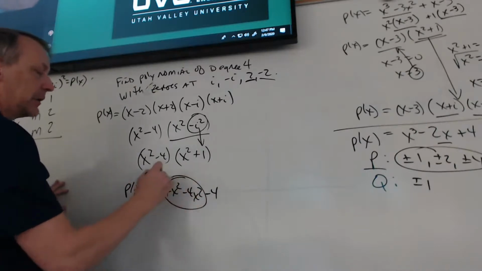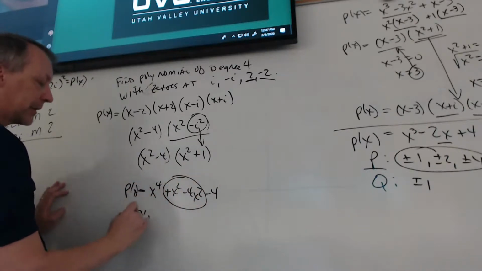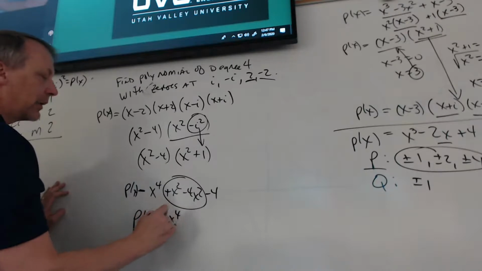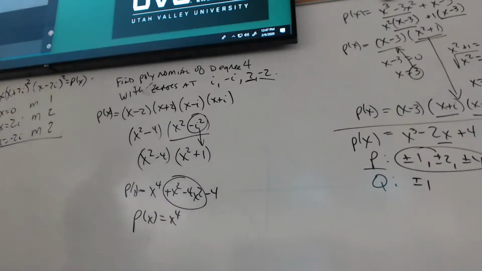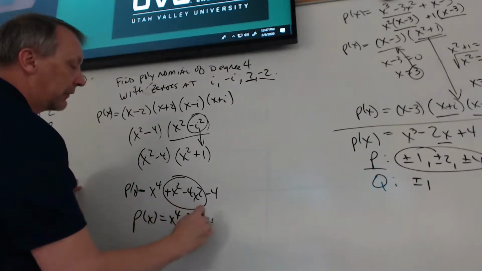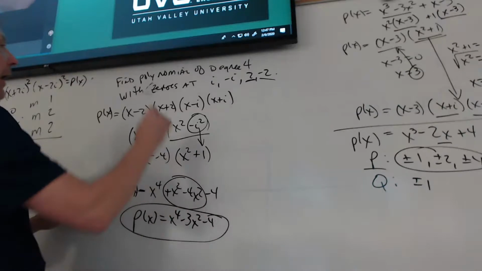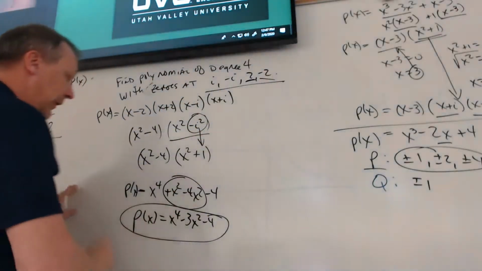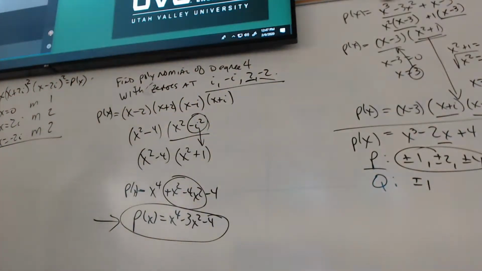And I can combine those two, so I'm going to get p of x equals x to the 4th minus 3x squared minus 4. Okay? I gave you the answers. You gave me the question. You like Jeopardy?